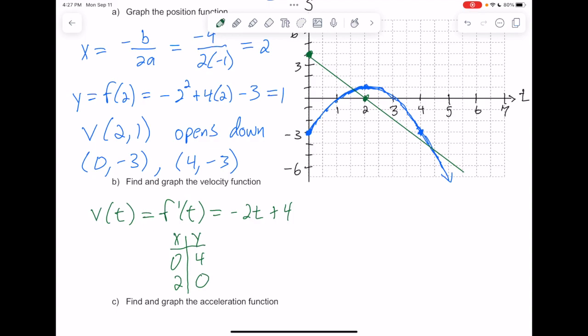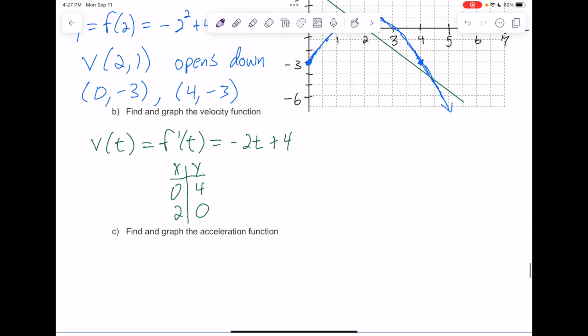And then they want us to find and graph the acceleration function. So I guess we'll go to another color for that one too. Switch over to purple. So find and graph the acceleration function. So a of t is equal to v prime of t. So we have our velocity function right up above.